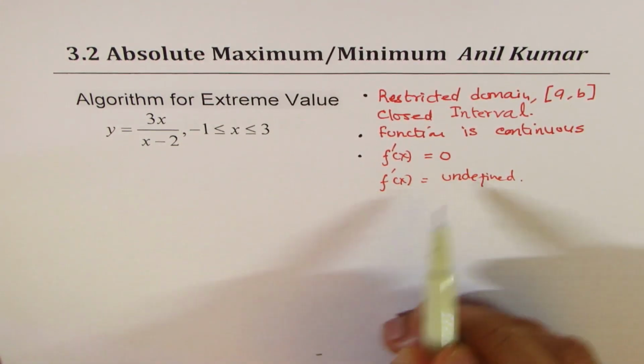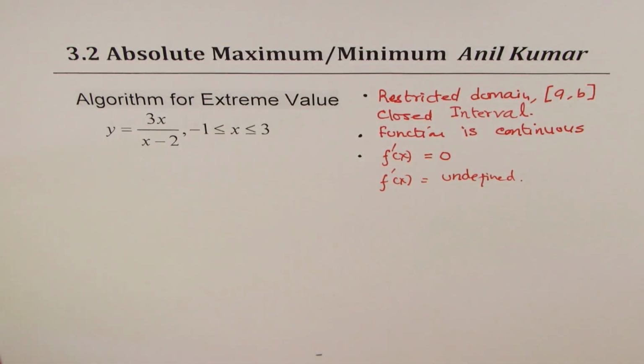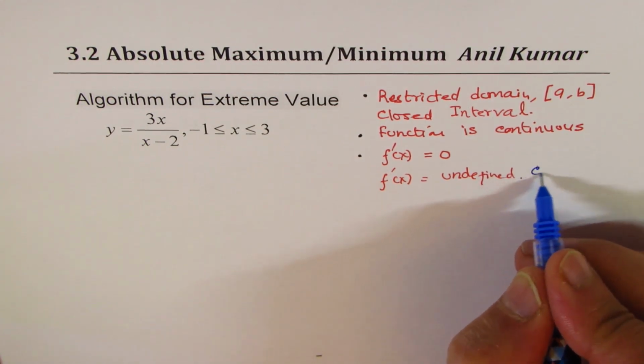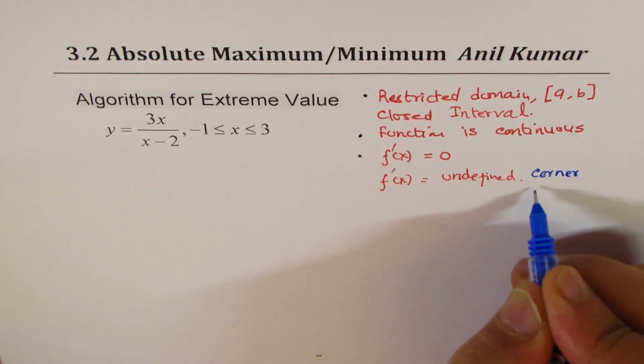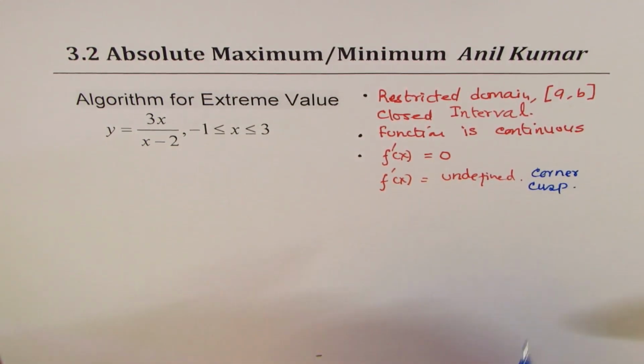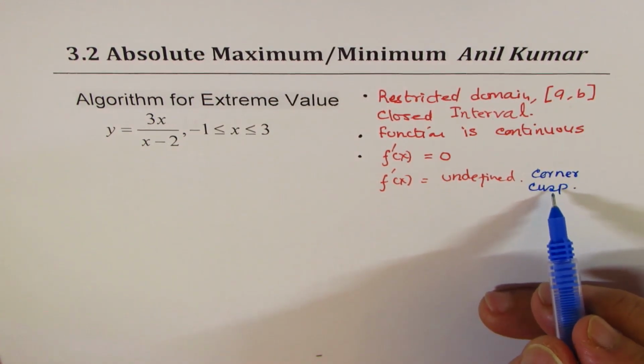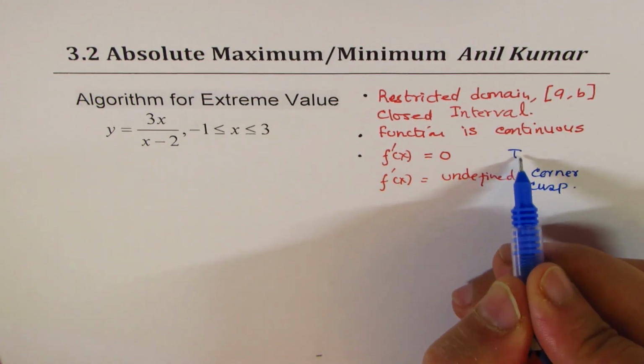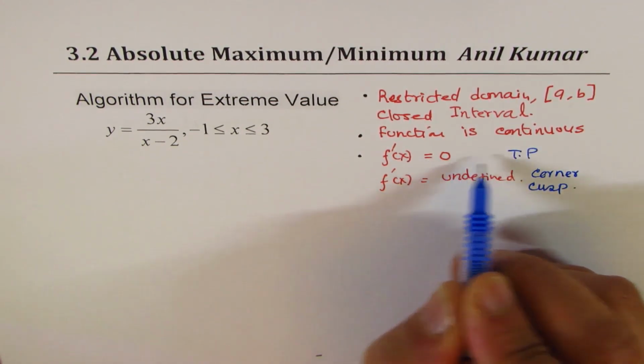Now in some books, the second condition is not specified. Now when we say undefined, that really means we have a corner or a cusp kind of a thing. Is it okay? That takes care of radical and absolute value functions. 0 is smooth curves, which takes care of turning points. Do you see that? Those are the zeros.